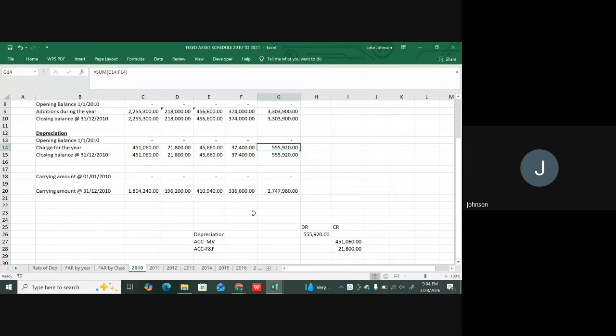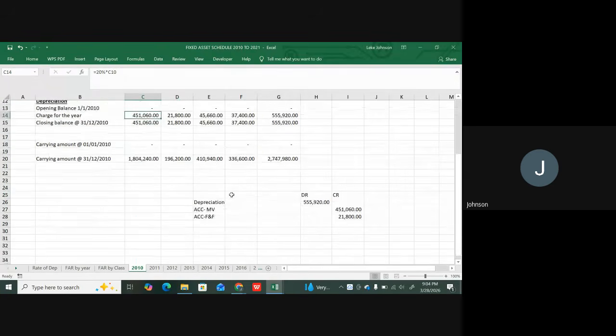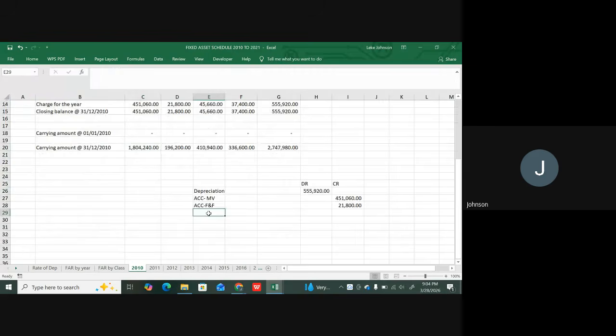So also, to balance this, if this is debited, obviously all these things are going to be credited to the accumulated depreciation account. So we've done furniture and fittings, office equipment, and computer equipment. So we now come over here and say accumulated depreciation for office equipment.